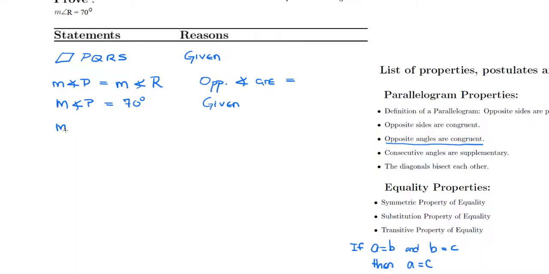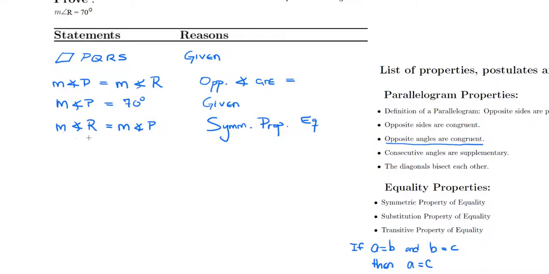So measure R is equal to measure P. Okay? This is by the symmetric property, again I'm abbreviating, of equality. So with the symmetric property of equality, I can rewrite this with this being first, right? Because I want this to be this A.